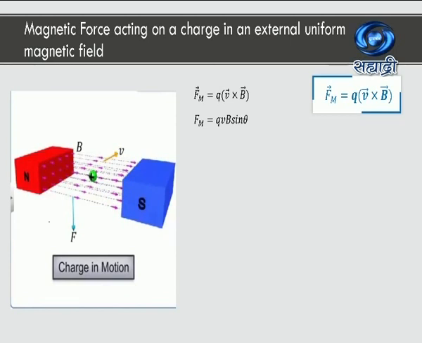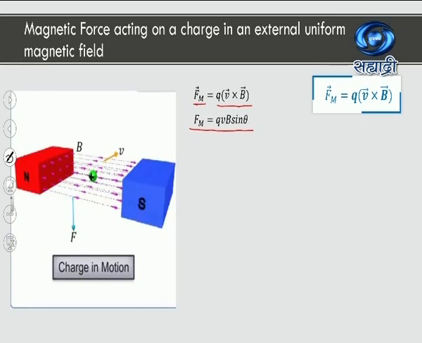Let me explain this here. The magnetic force Fm experienced by this charge Q is given by Q(v × B). It is the cross product of velocity and magnetic field. We can rewrite this in magnitude form as magnetic force Fm equals QVB sin θ. This is very important.